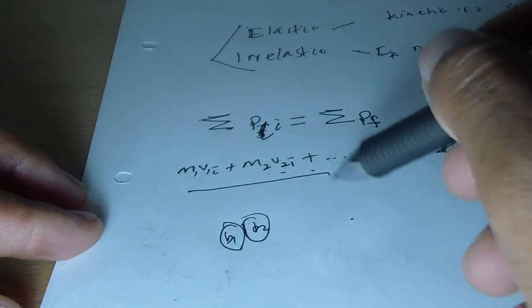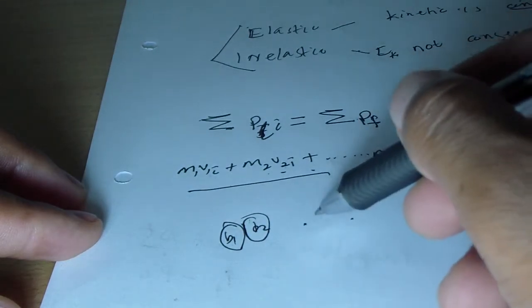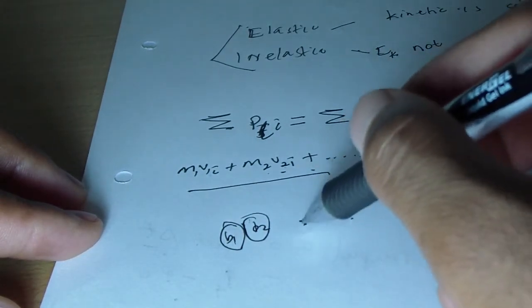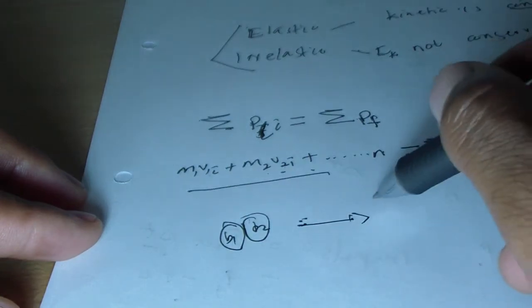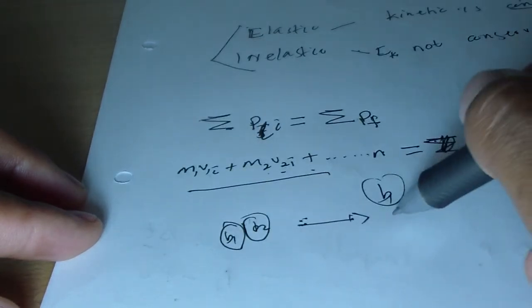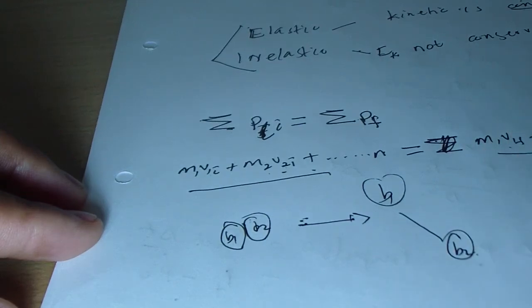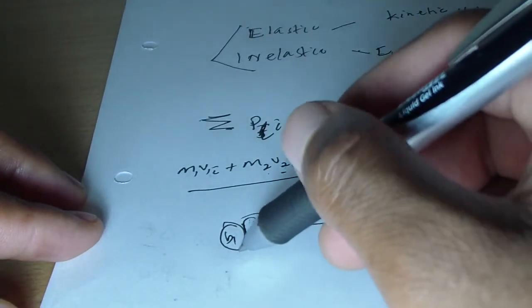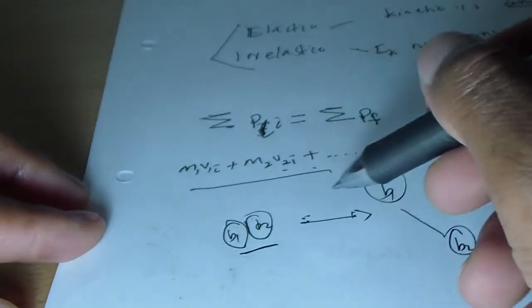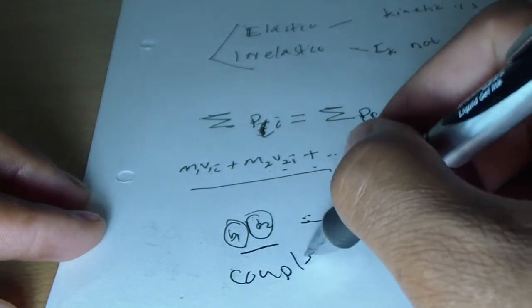Then after the collision, these 2 bodies will separate, and body 1 will go in that direction and body 2 will go in that direction. Initially they were 2 joined together, so we call that a couple.